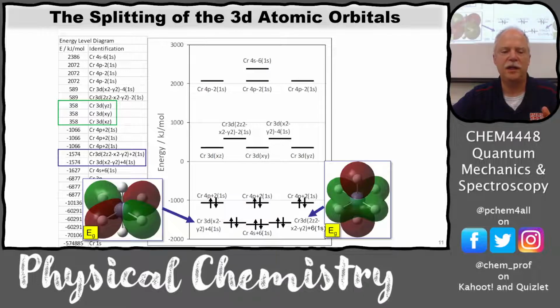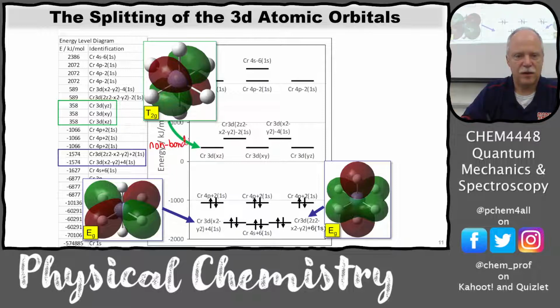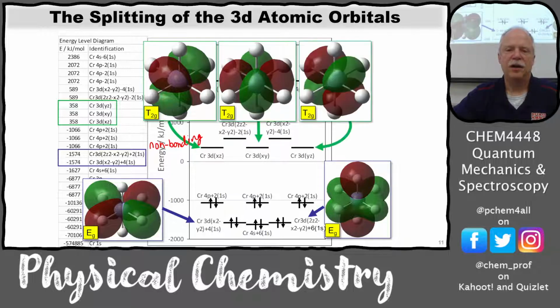This would appear to be the 3d xz, xy, and yz. These orbitals are not what I would call non-bonding, really, because notice they don't have any interaction with the hydrogens. They go between the hydrogens in all 3 cases.